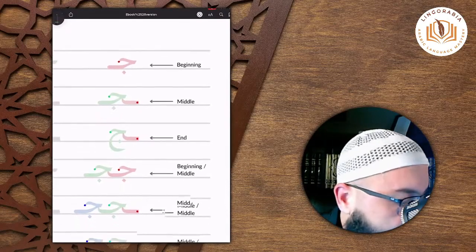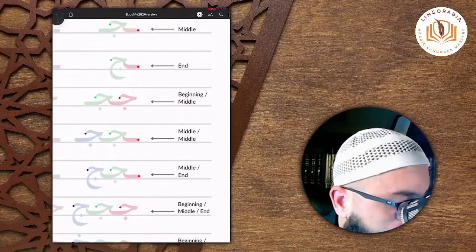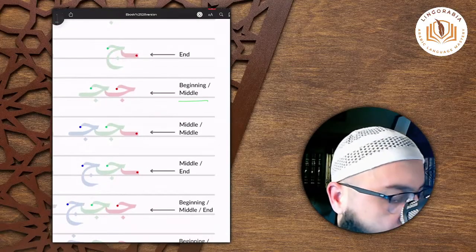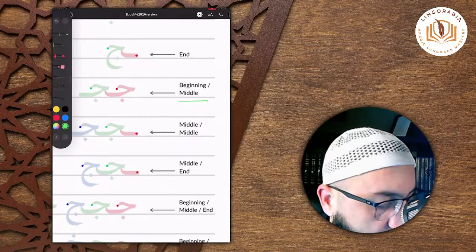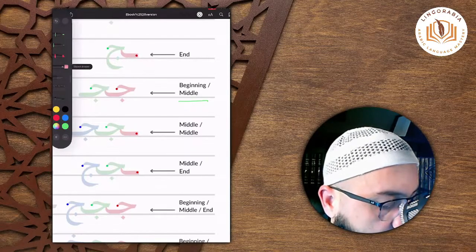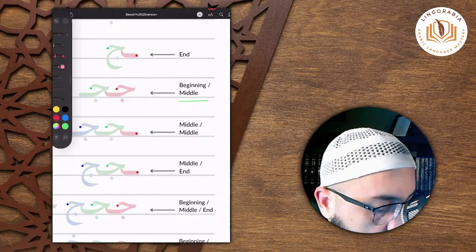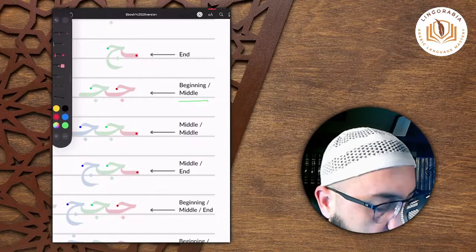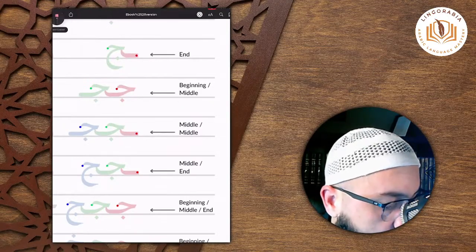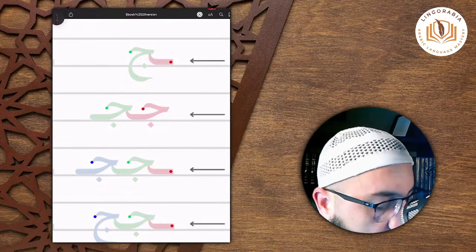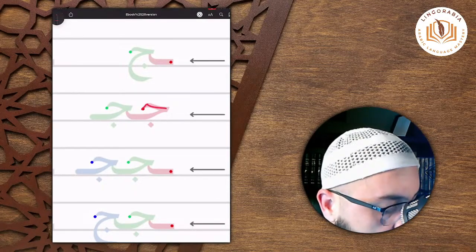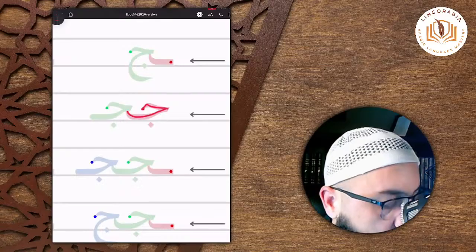Now let's have a look at the jim in the beginning and in the middle. So we got the first jim in the beginning. We start here, we go up, we go like this, and then we go here and we stop.